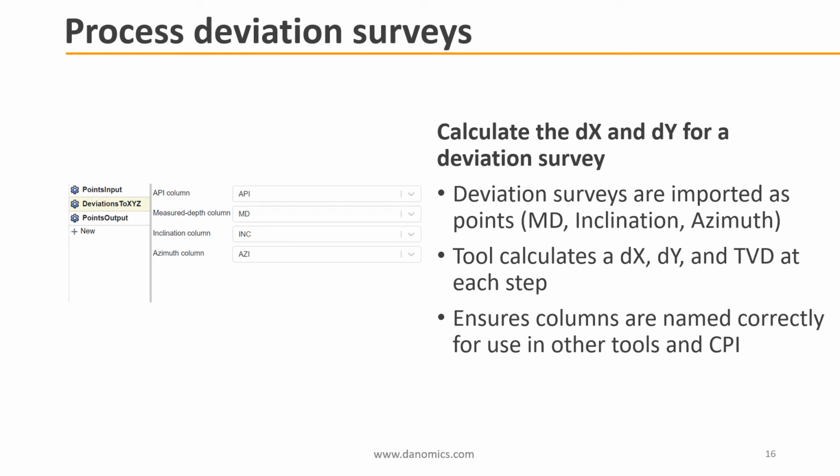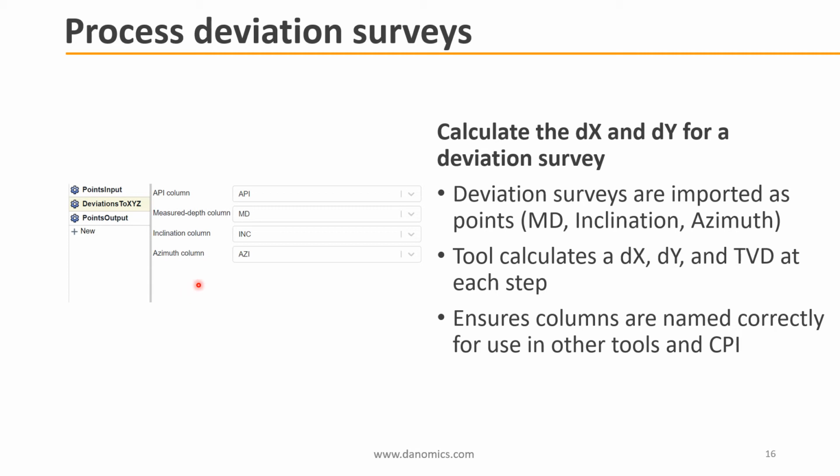If you are working with deviated wells, you're probably going to want to process your deviation surveys so they can be used within the CPI file. This is a bit of a specialty tool, something you'll probably have to run once per project.